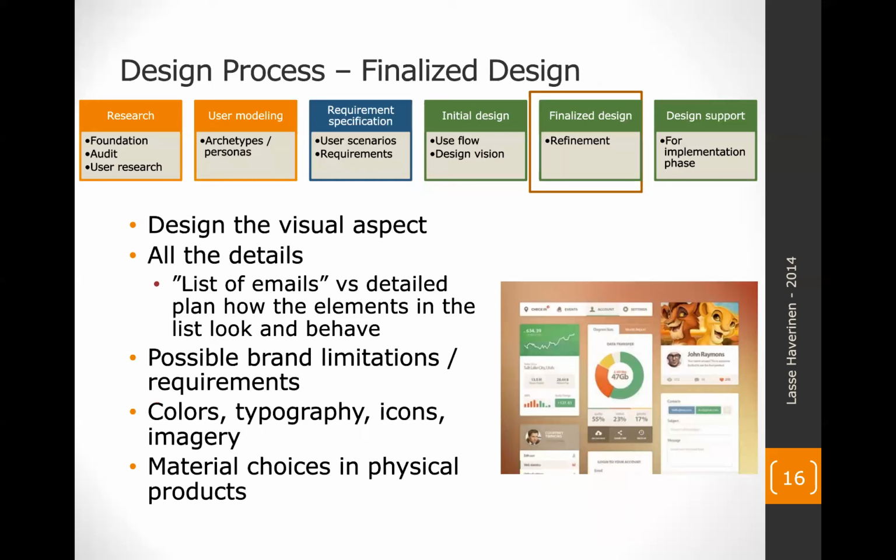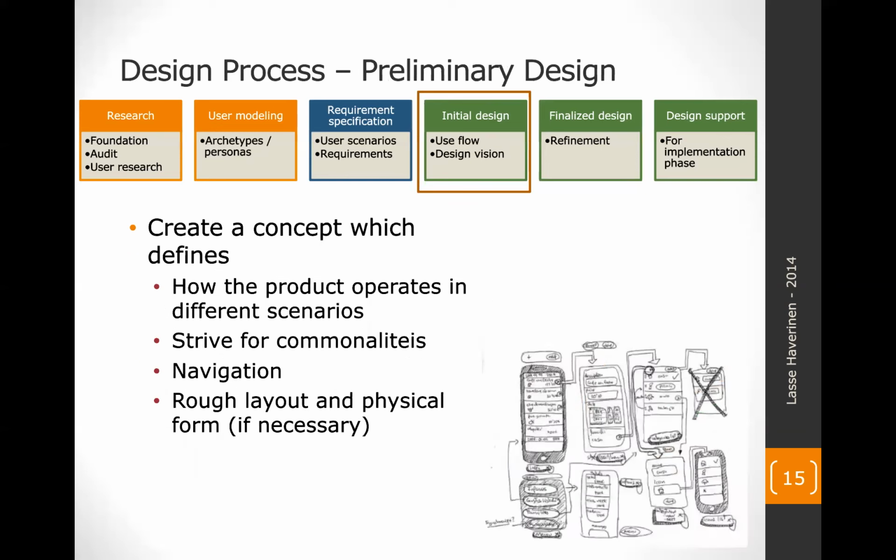Then at the next phase, you bring in the visual candy stuff. You bring in the colors, icons, images, fonts, actual pixel perfect spacing, and so on. But this is the candy stuff. The earlier phase is the most important one.